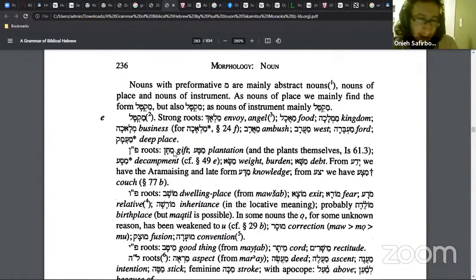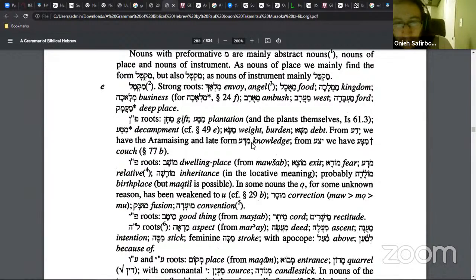You add mem at the beginning, it's source of giving. Source of knowing is knowledge. Source of dwelling is dwelling place. Source of going is exit.